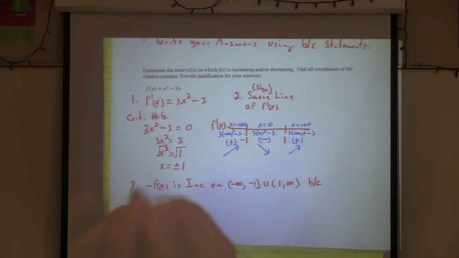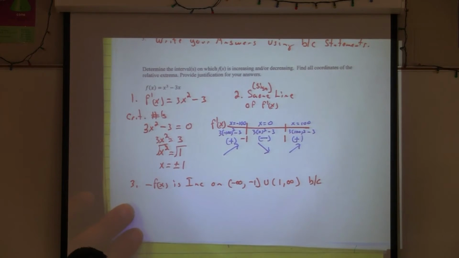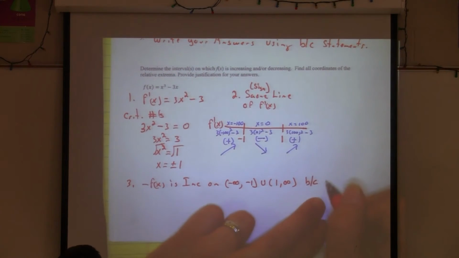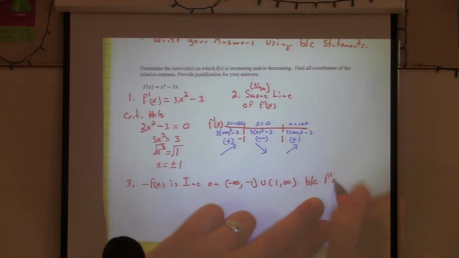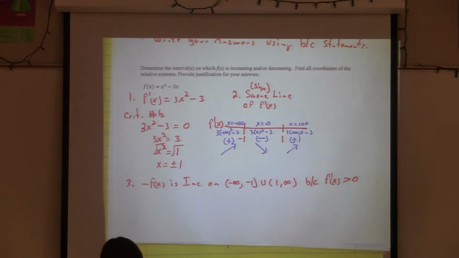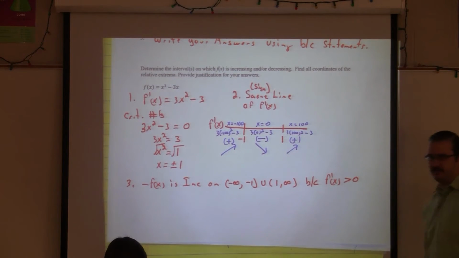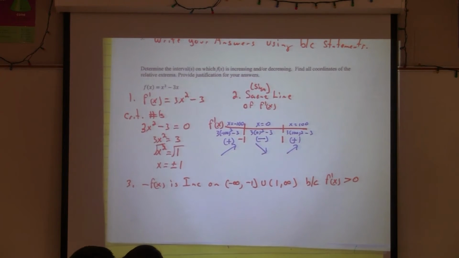We're writing our justifications. Why? F prime of x, the derivative, is what? Greater than 0 or is positive, whatever you want to write. This is my way of saying that it's positive. Good?